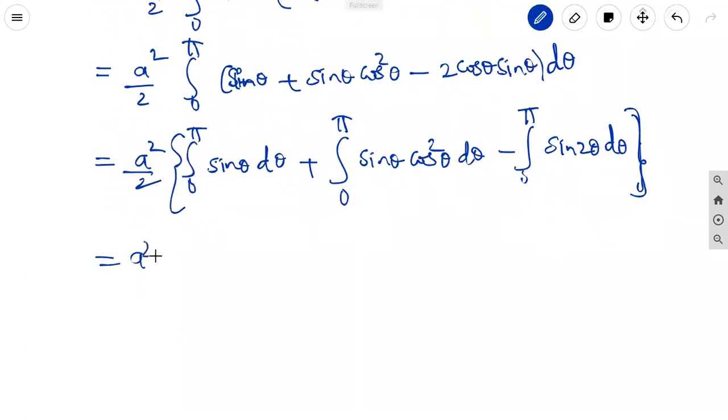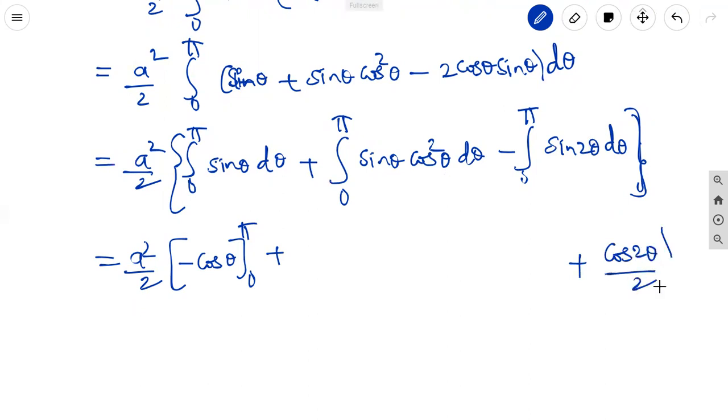It is equal to a square by 2, sin theta integration is minus cos theta, limits from 0 to pi, plus this is doing later. It's minus, sin 2 theta integration is minus into minus plus cos 2 theta by 2, limits from 0 to pi.